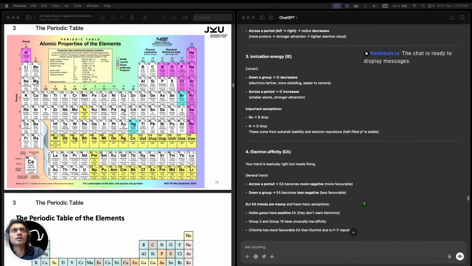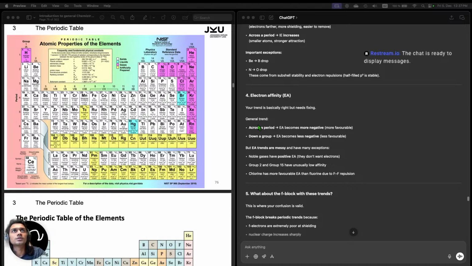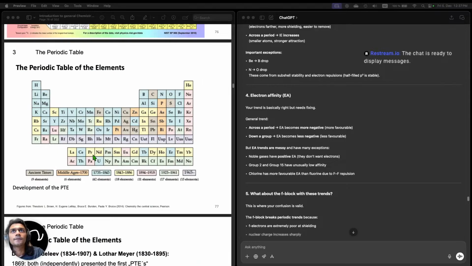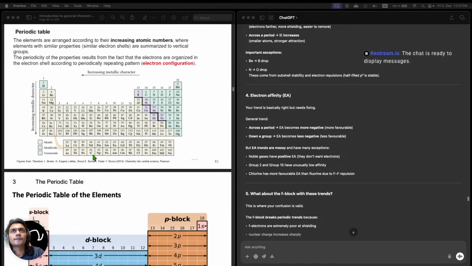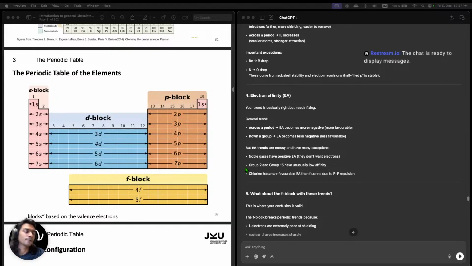I think only the electron affinity was unclear. 1 to 2, 3 to 12, 13 to 18. 1 to 2, 3 to 12, 13 to 18. Let me try writing this.